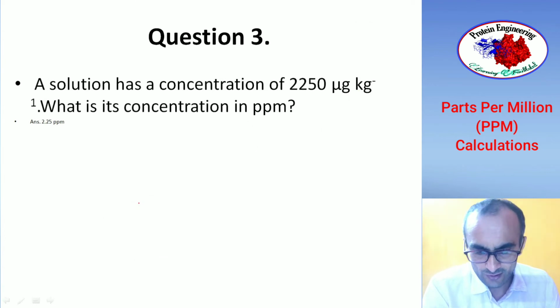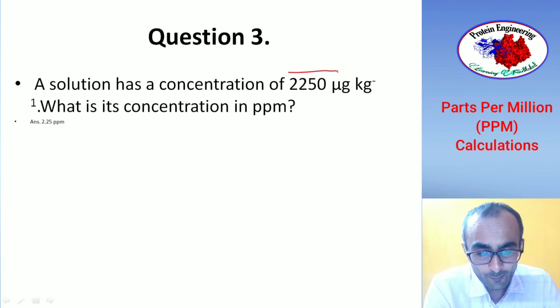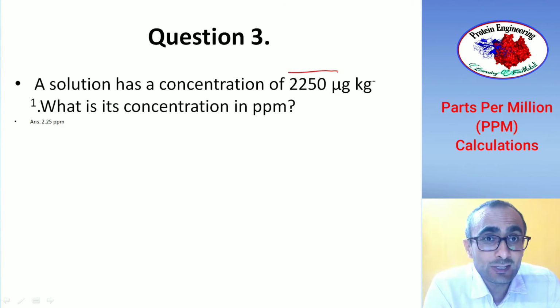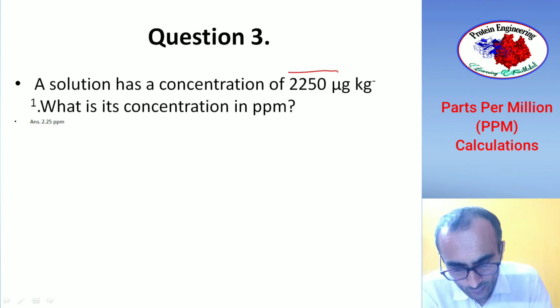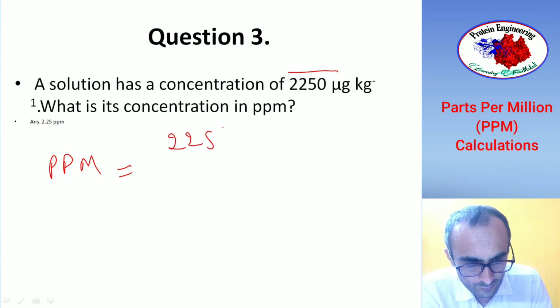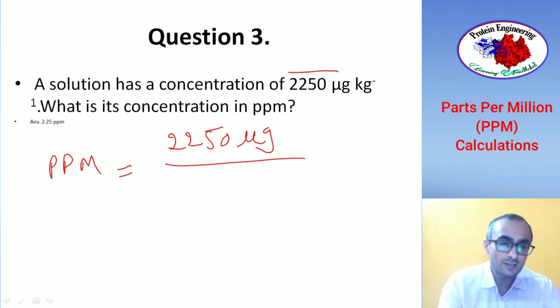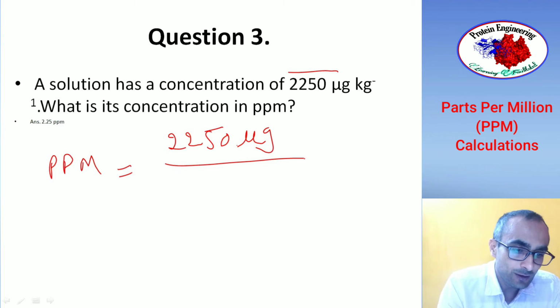And in this question, a solution has a concentration of 2250 microgram per kilogram. What is the concentration in ppm? So in a similar way you can calculate this also. ppm is equal to 2250 microgram divided by 1 kilogram. So you need to convert kilogram into microgram.